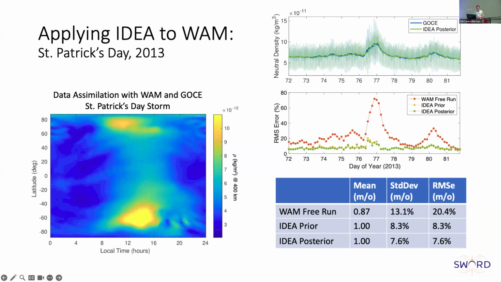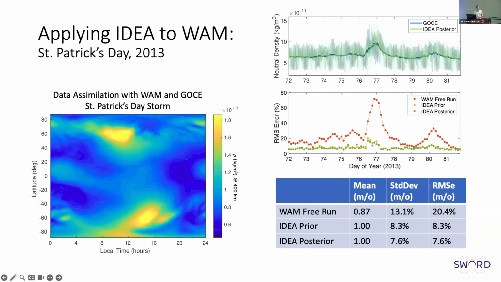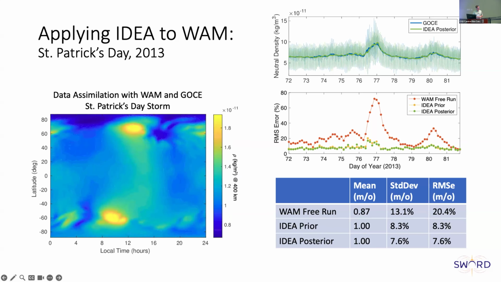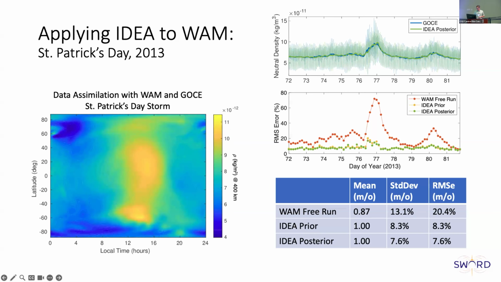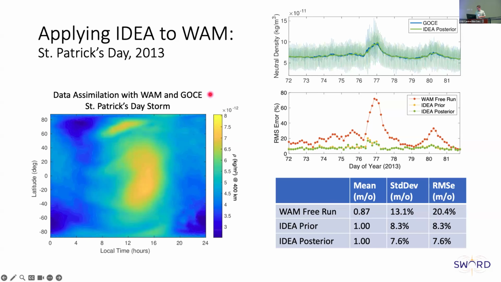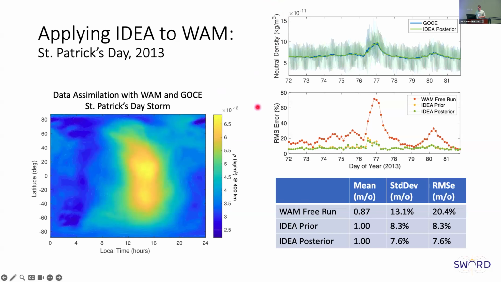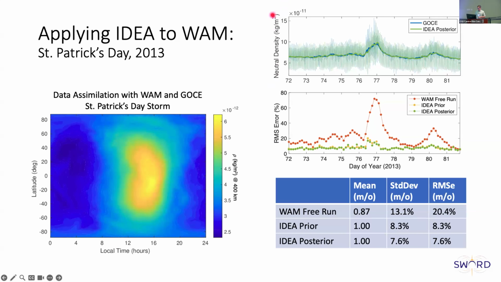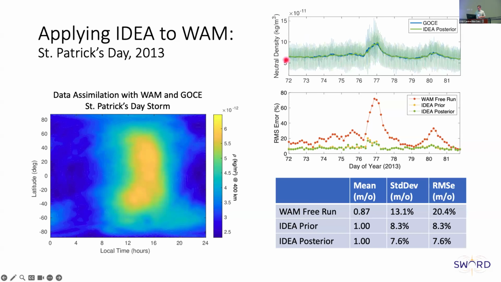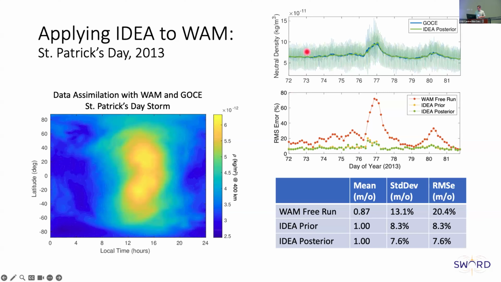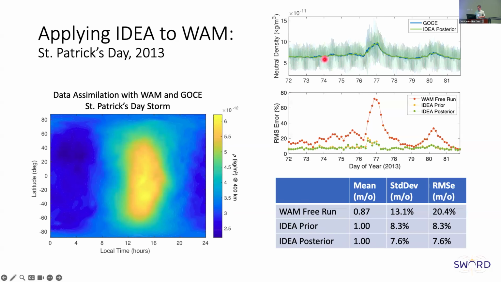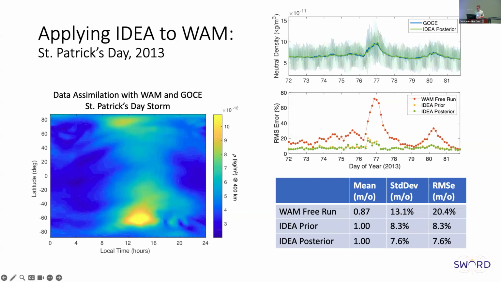And we've run this on several storm cases. This is the 2013 St. Patrick's Day storm. Here we're showing the neutral densities that are going into the system. In the background, you can see the raw densities along the orbit, and there's a lot of variations there. And this is more like an orbit averaged density time series.